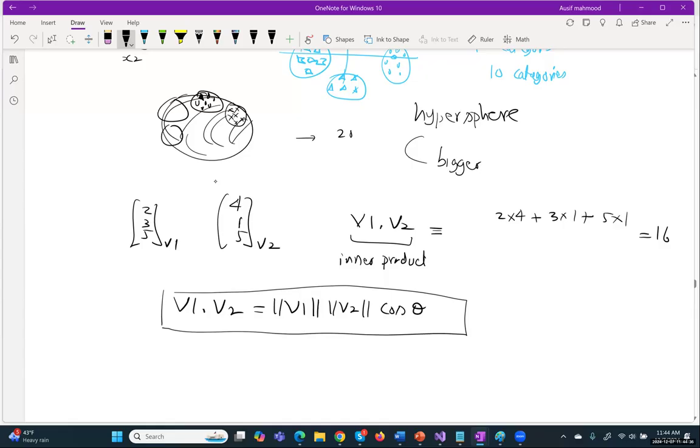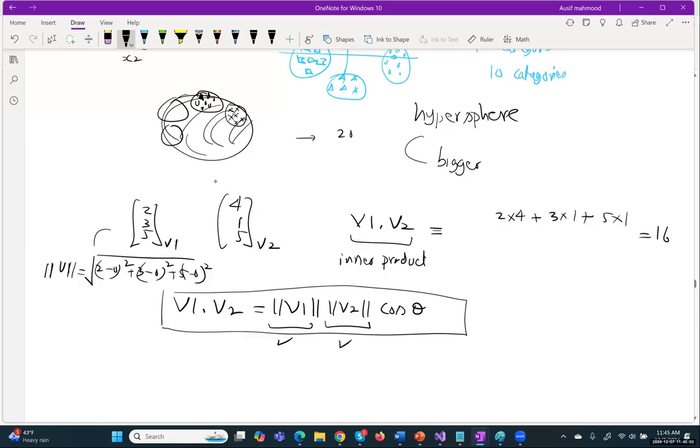How do we find the magnitude of a vector? What is the magnitude of V1? Remember, take the distance from 0: the square root of (2 minus 0) squared plus (3 minus 0) squared plus (5 minus 0) squared. Same way, can we find the other magnitude?